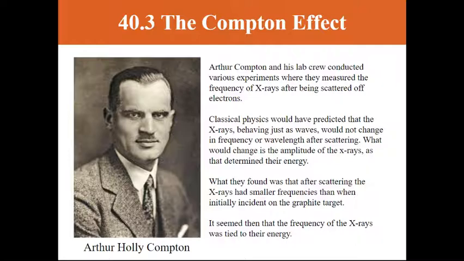What classical physics would tell you is that X-rays hit the electron, and part of the X-ray gets reflected off, but some energy gets transferred over into the electron. So that means that the reflected X-ray loses energy.